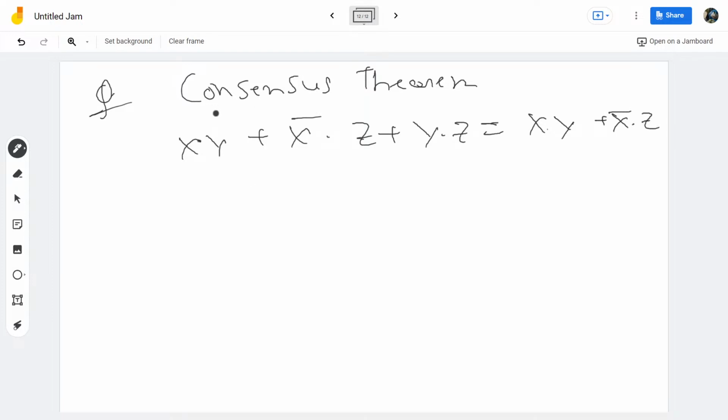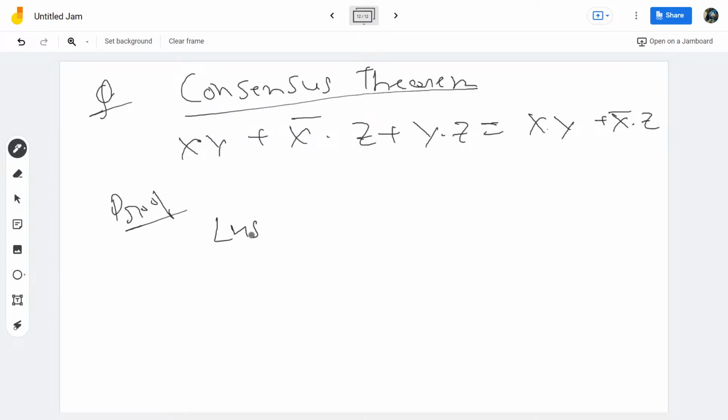So this is the consensus theorem, and we have to prove this theorem. So pause the video and try to prove it by taking the LHS and making it equal to the RHS.